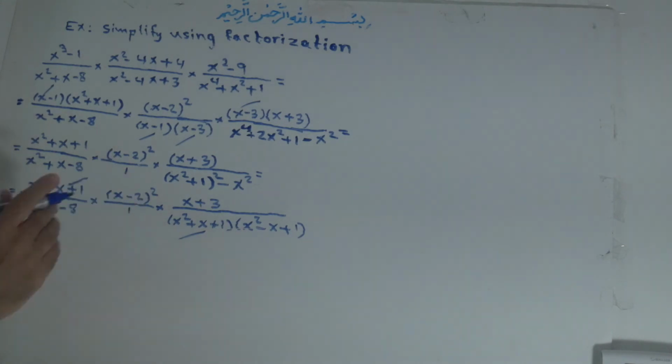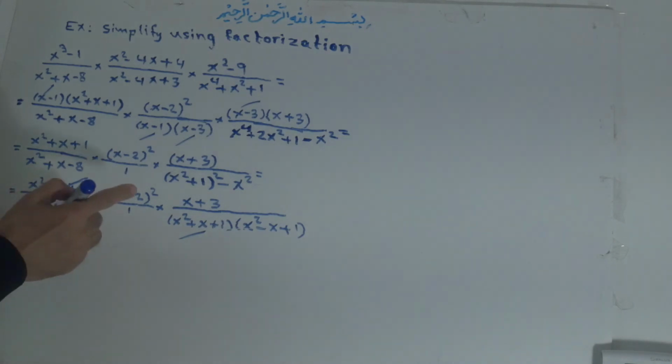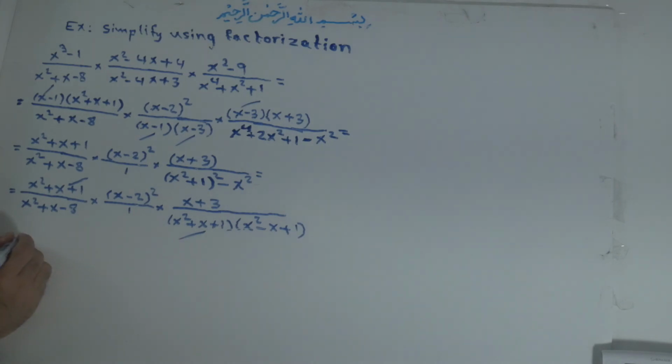Now what do we do, we multiply the numerators with the numerators and the denominators with the denominators.